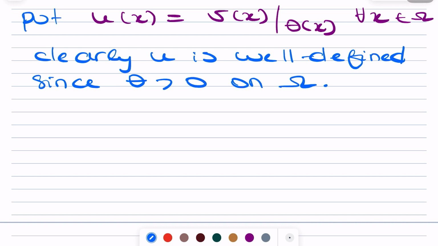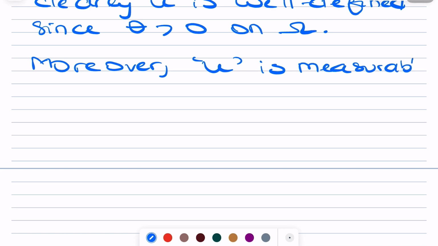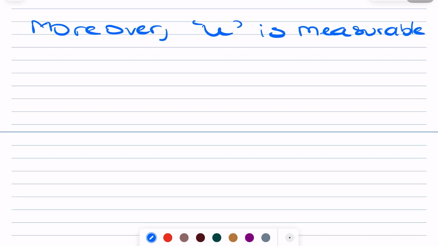And moreover, u is measurable, and u chi n is in L2 of omega.